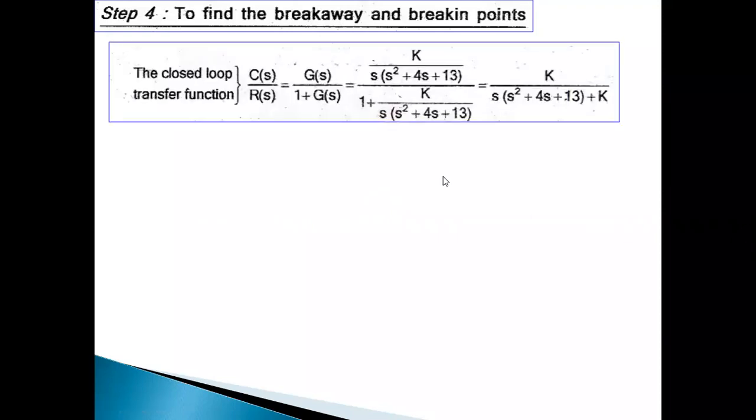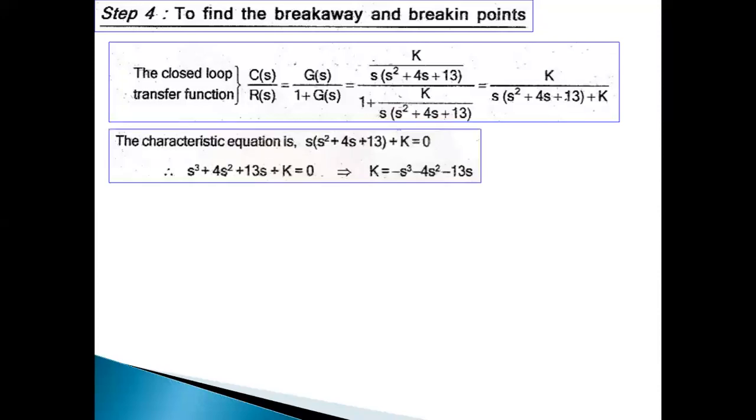How to calculate breakaway and break-in points? Here is the formula. For this we have to calculate the characteristic equation of the closed loop transfer function. Previously we calculated roots for open loop poles and open loop zeros, where we took the open loop transfer function.